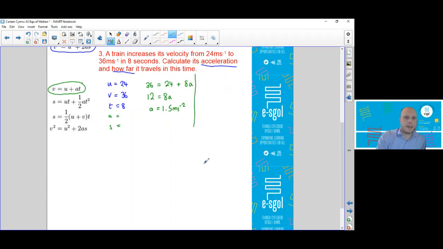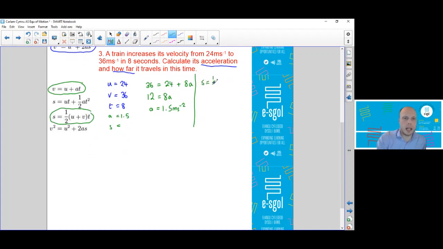So that's A sorted, 1.5. And then to find S, I've got all 4 things, so I can pretty much use any equation I want, but let's assume that we did this first, so we didn't have A already. I would have to use S equals a half U plus VT, because it's the only one that doesn't have A in it.